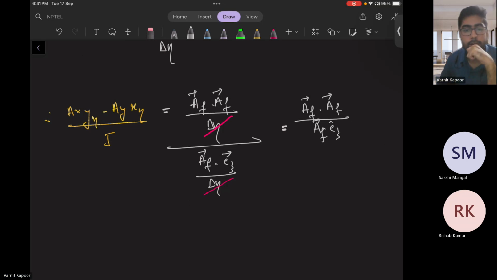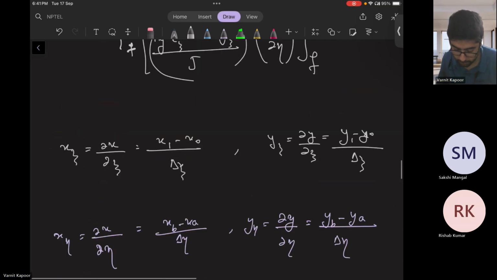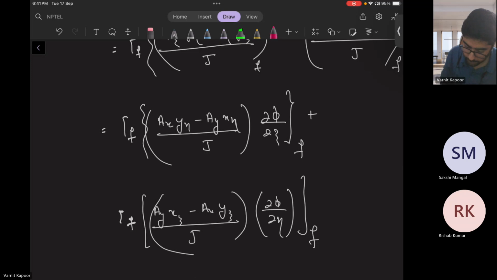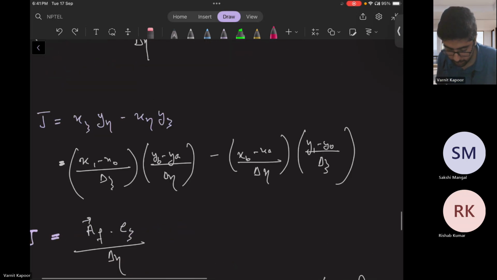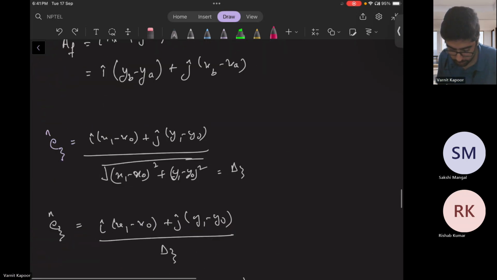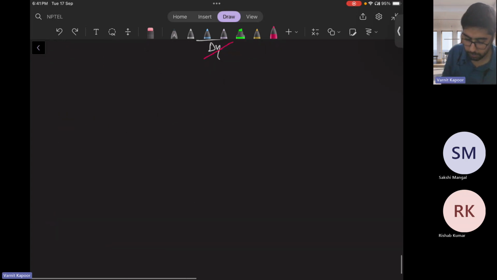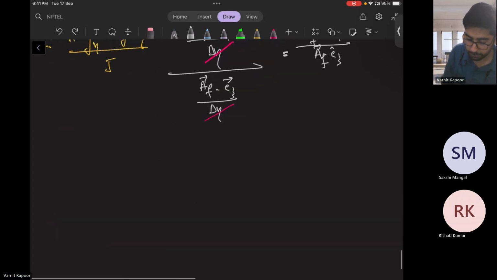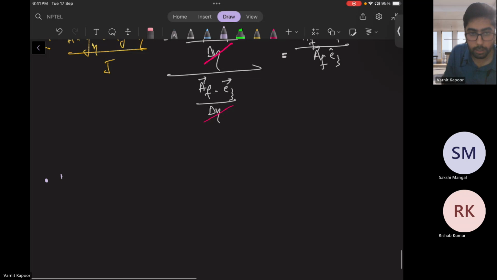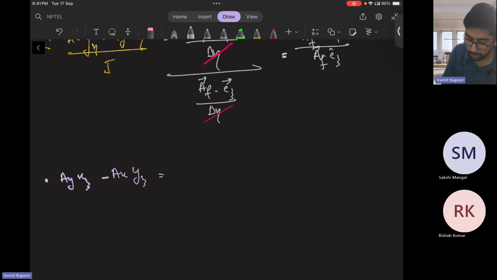Similarly, there was one other term, ay x zeta minus ax y zeta. We have done the first term completely; there is a second term as well. So let us write that term as well. You know all the terms.